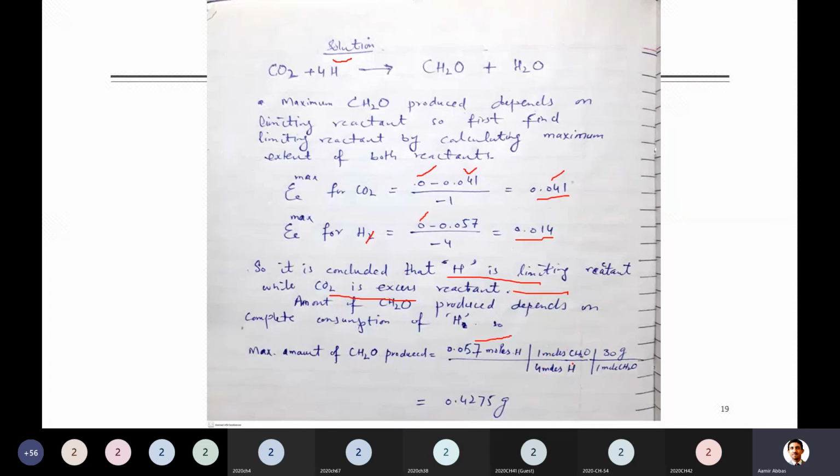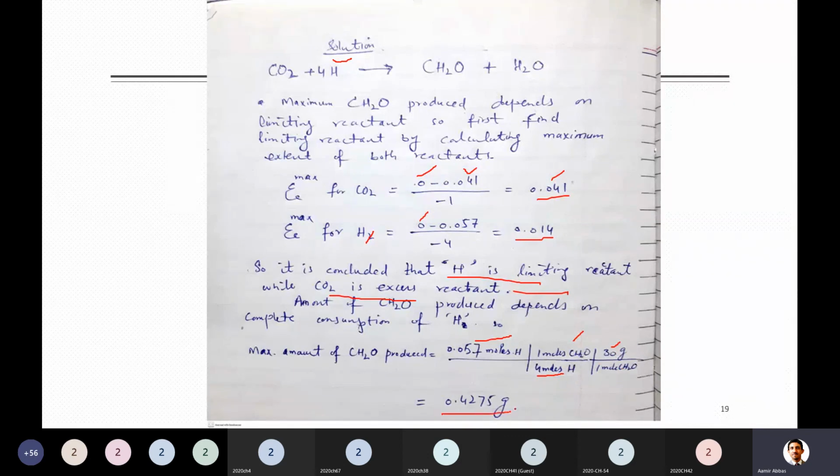Yesterday we studied this: when 4 moles of hydrogen are consumed, the moles of hydrogen cancel and it will produce 1 mole of CH2O. And when 1 mole of CH2O is produced, we can convert moles to mass by multiplying by the molecular weight, so 1 mole of CH2O is equal to 30 grams of CH2O, that is grams per gram mole, the molecular weight.